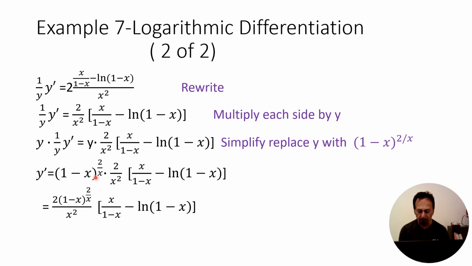And y is originally (1 minus x) to the 2 over x, so we replace that here. So I think that's basically it. We just rewrite, and we put it in front. So you have 2 times (1 minus x) to the 2 over x, over x squared, bracket x over 1 minus x minus natural log of 1 minus x.